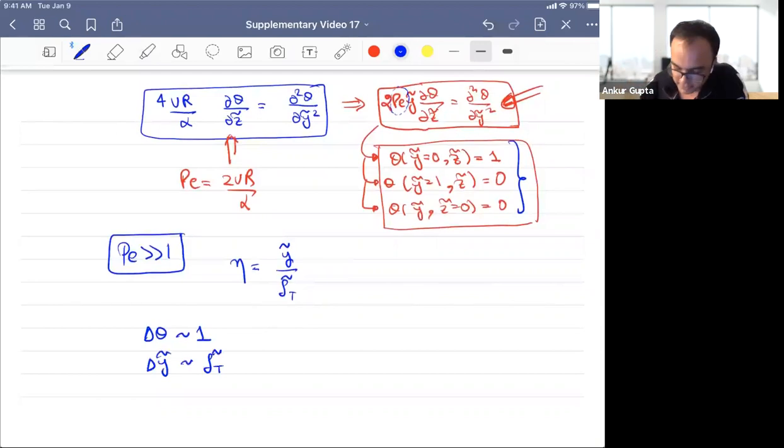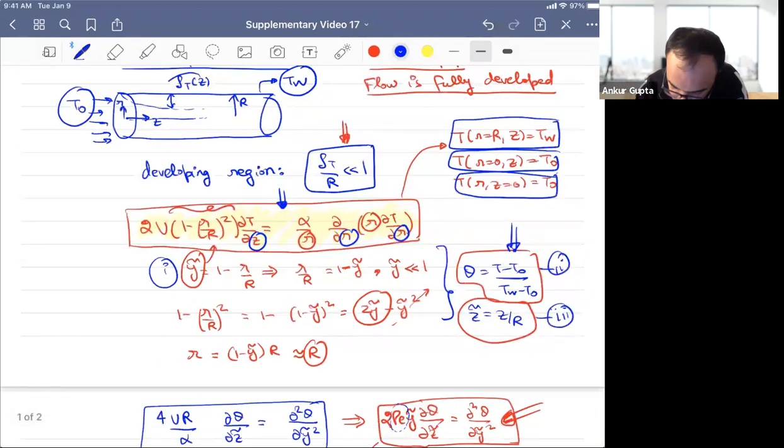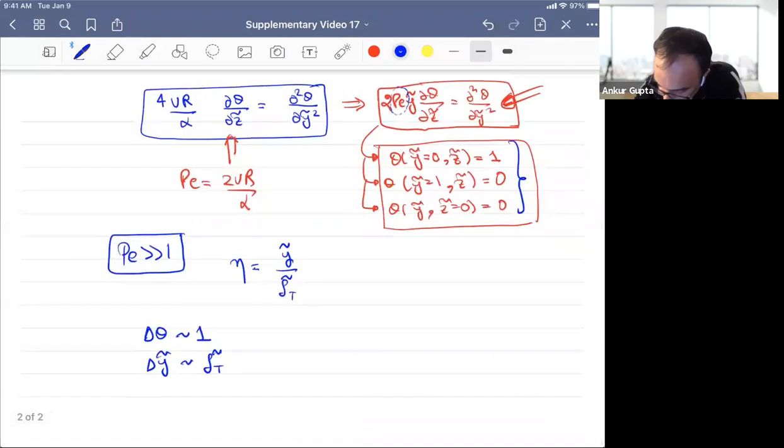That's the portion you essentially want to see dimensionlessly, that's delta t tilde, and delta z is simply z.